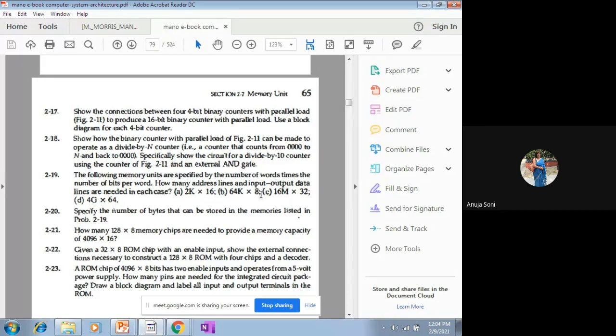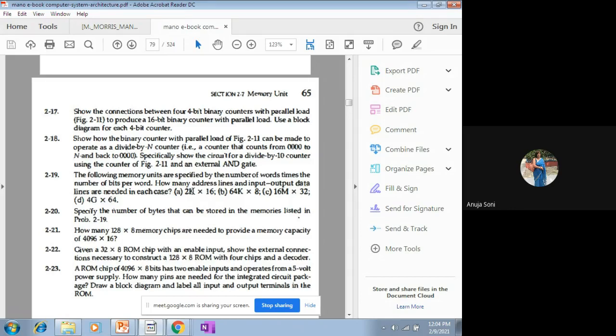In B part, 8 will be the number of input output lines. In C part, 32 will be the input output data lines. In D part, 64 will be the number of input output lines. Now the question comes up, what will be the number of address lines? Now this 2k, whenever converted in terms of power of 2, whichever is the power of 2 will decide the number of address lines, the size of the address register.